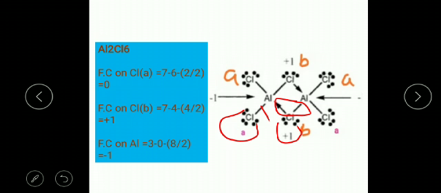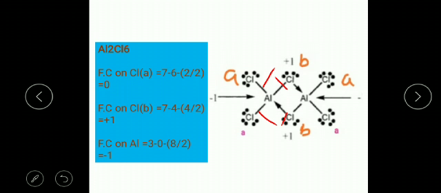Then the formal charge on aluminium: the valency is 3 because it lies in the boron family, minus 0 because there is no lone pair of electrons. Then there are 8 bonds, these two, these two and these two, so a total of 8 electrons divided by 2. So the overall charge on aluminium is minus 1.